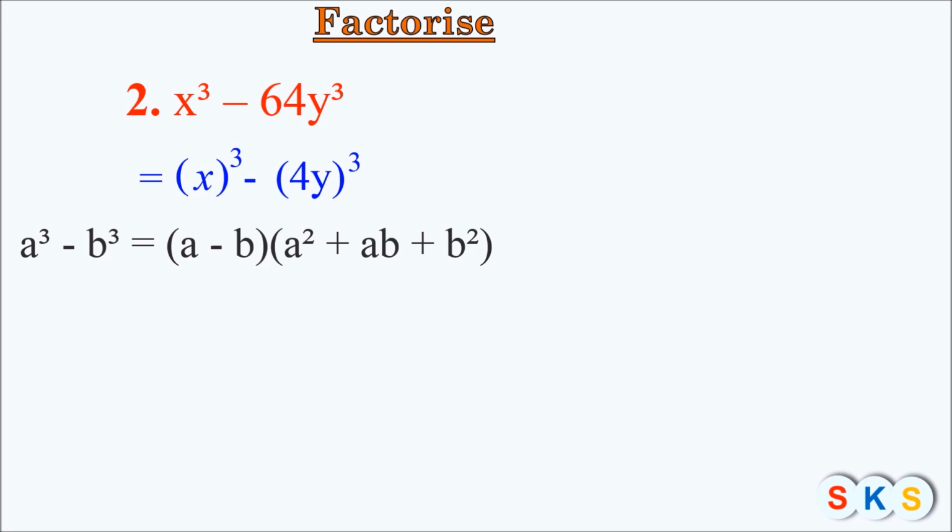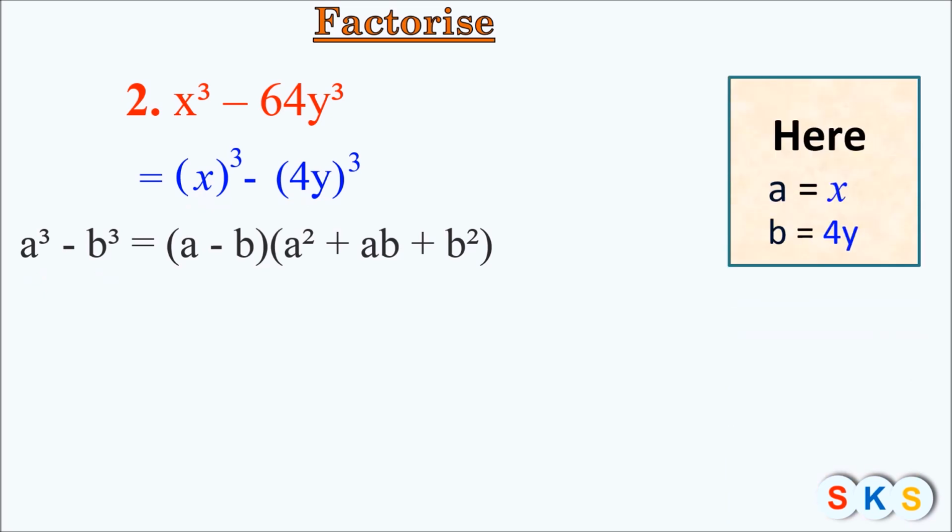You can see here that the first term is the cube of x, so we will take a equals x, and the second term is the cube of 4y, so we will take b equals 4y. Now we are going to make a note of the values of a and b. You can see that in a rectangular box I have noted the value of a as x and the value of b as 4y.